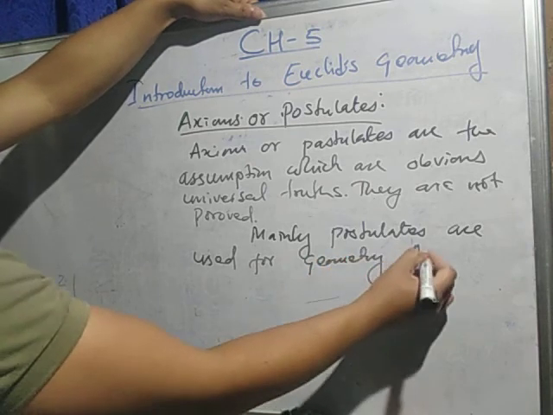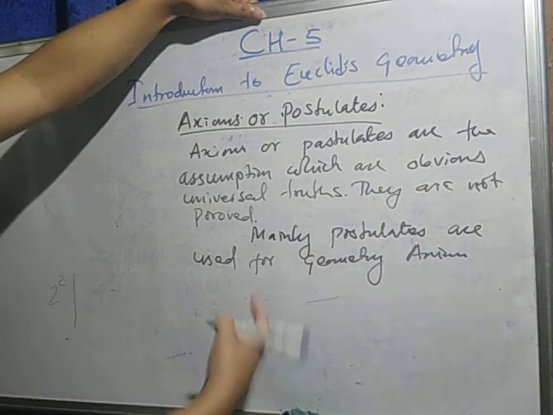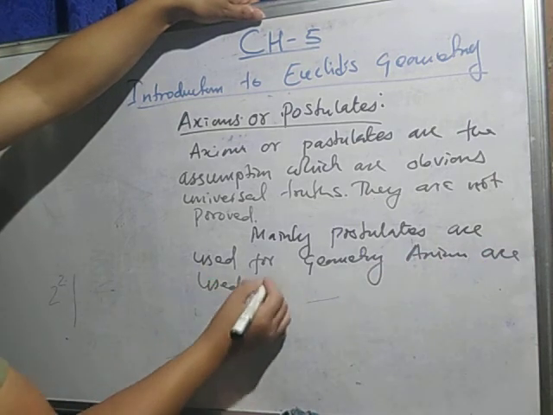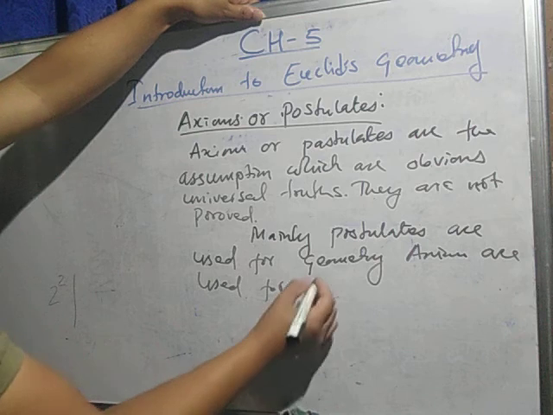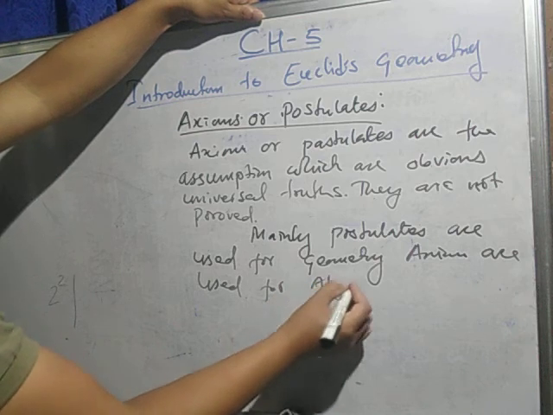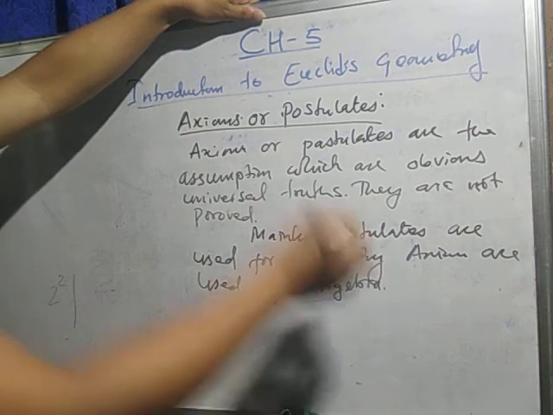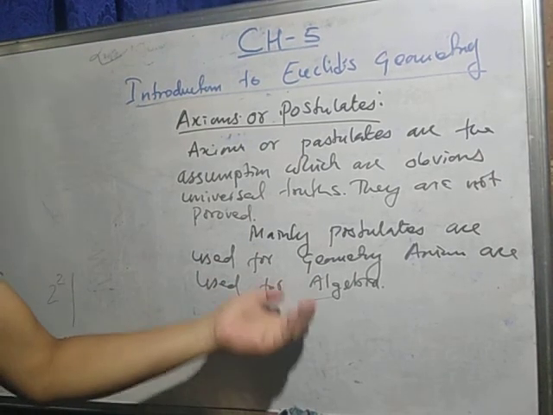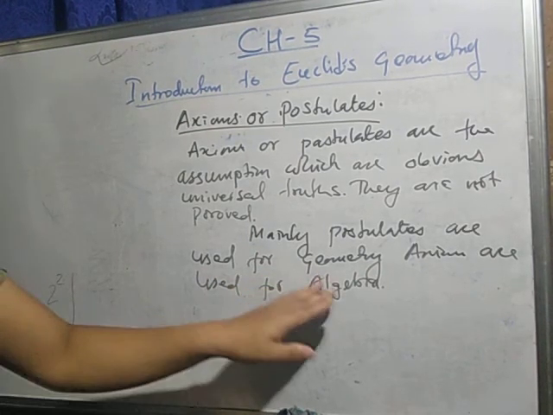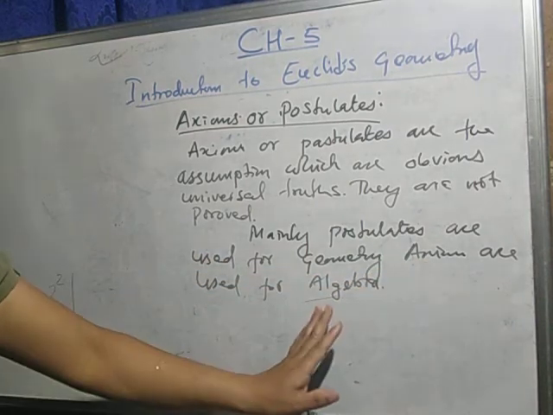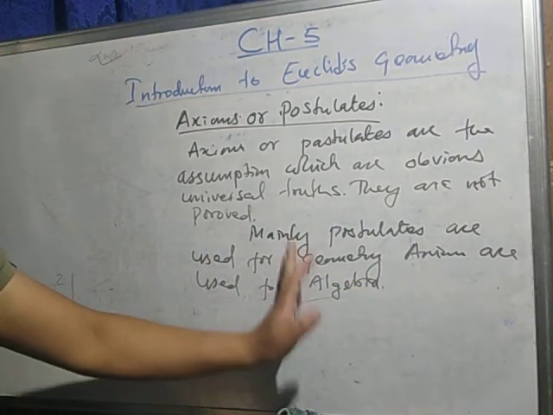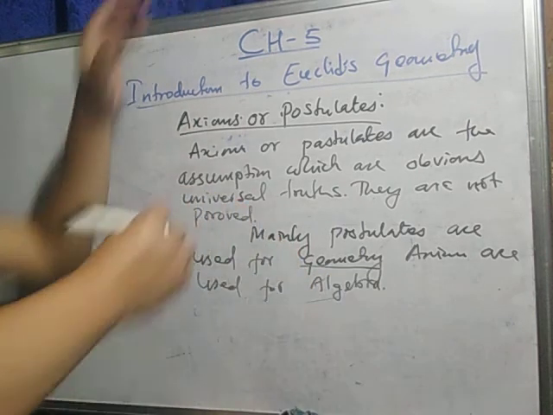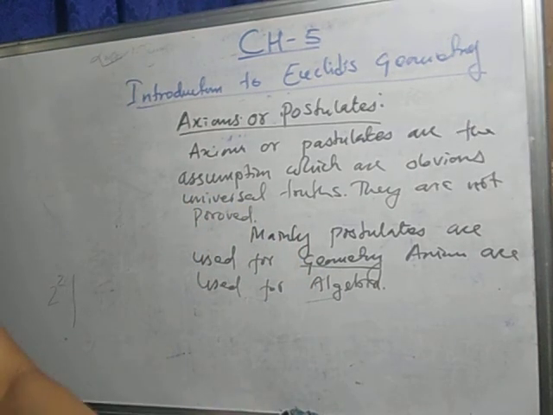And axioms are used for algebra. This is the difference between postulate and axiom. Clear? Axioms are used for proving algebra, postulates for geometry. Clear? So now your work: you understood what axiom means?